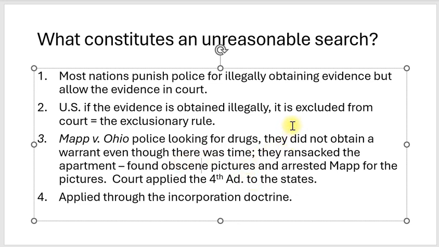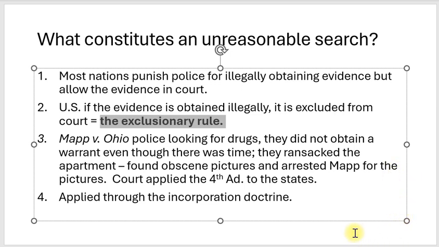The court had to decide what to do if the state government conducted an unreasonable search and seizure, since there was already a rule in the federal government. They decided they would exclude it from the trial. So if police obtained evidence illegally, it did them no good because the courts would not permit that in a trial. The exclusionary rule, right here. The courts wouldn't allow that.